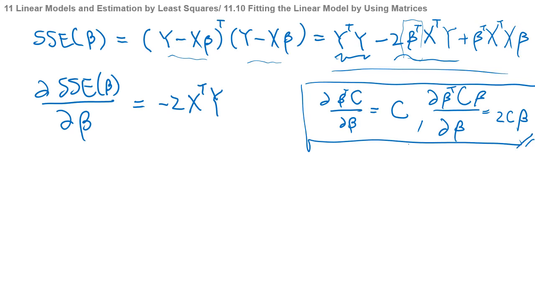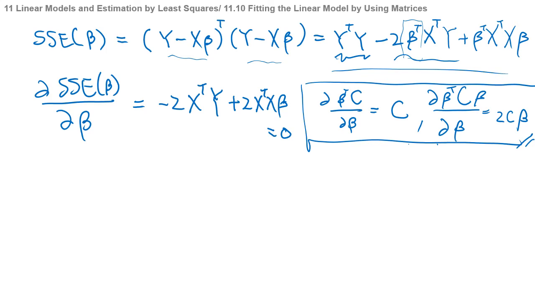Then applying this, you can write this as minus 2 times X transpose y plus 2 times X transpose X beta, and we set this equal to 0.